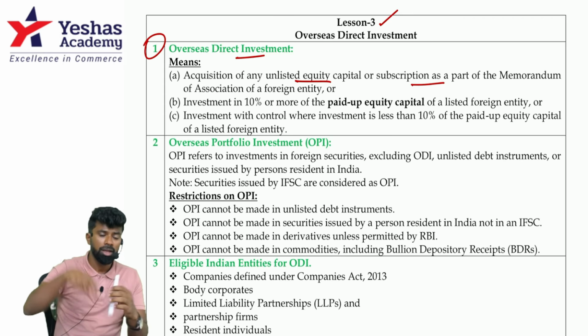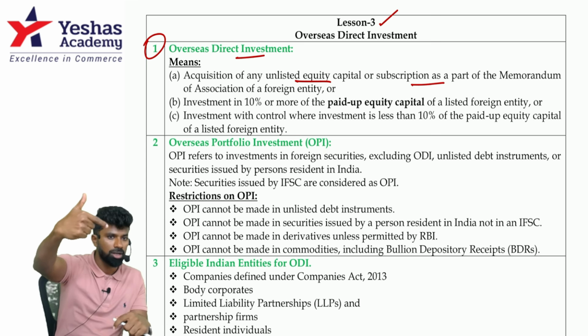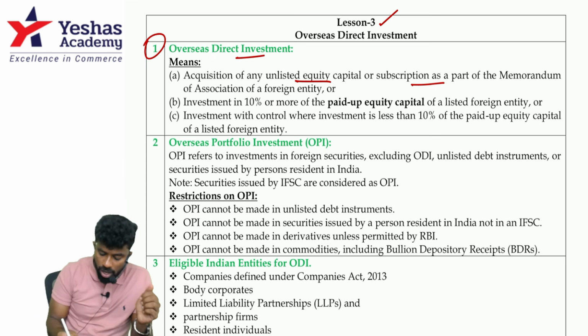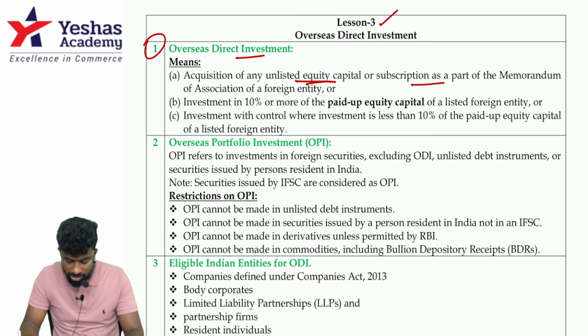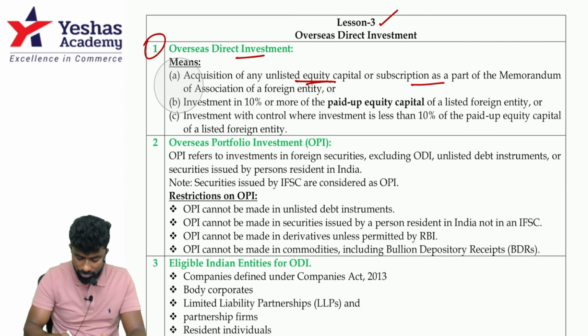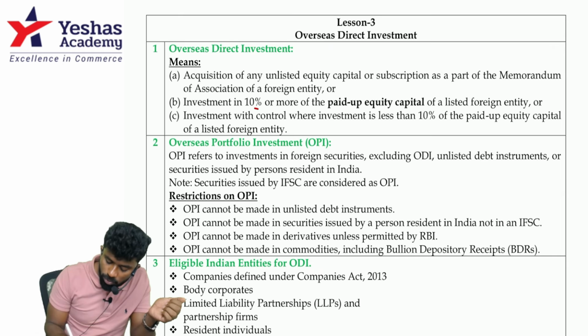In the same way, when Indian entities or Indian persons invest in foreign entities, it is called ODI. Acquisition of any unlisted equity capital or subscription as a part of the memorandum of association of a foreign entity.